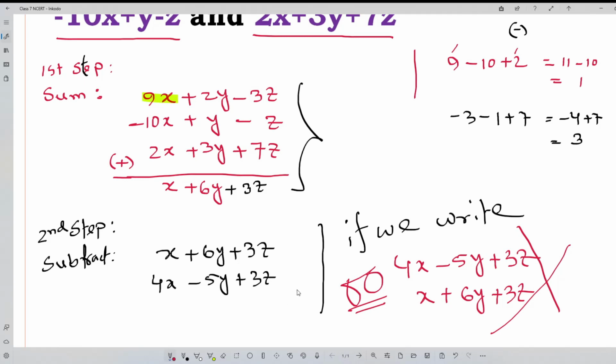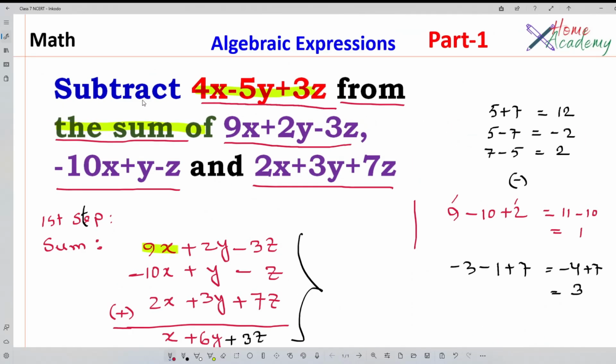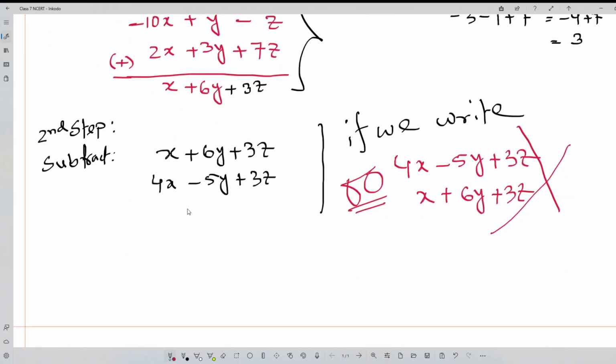Okay, because here it is saying subtract from the summation of this. Okay, now look, we will subtract. For this reason everything will be changed. In the second expression, here is plus, it will become minus, minus becomes plus, and here plus becomes minus.